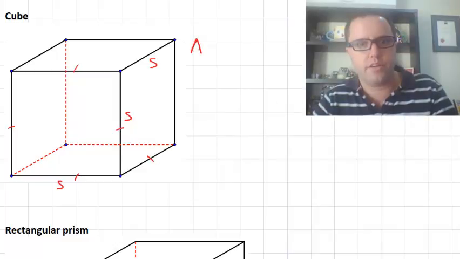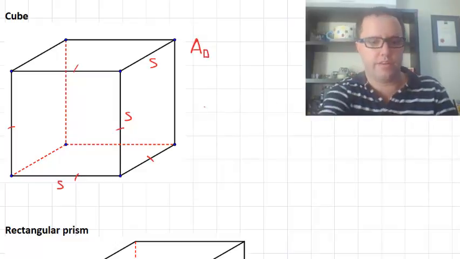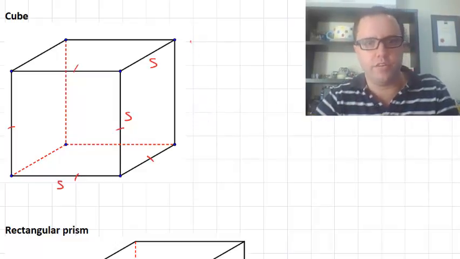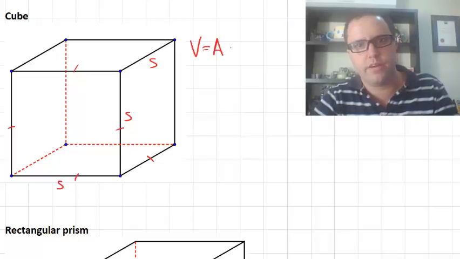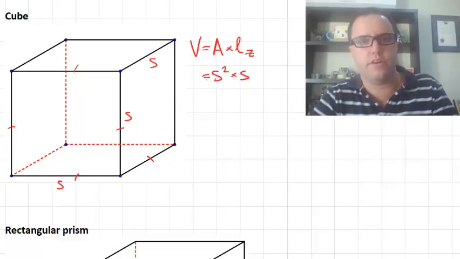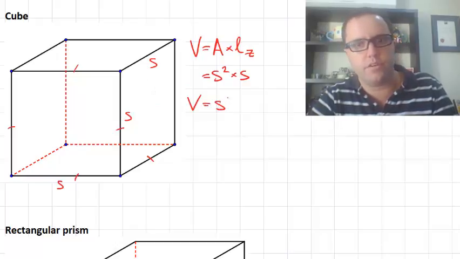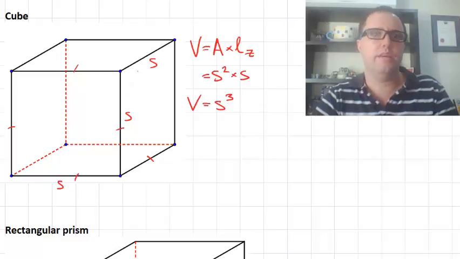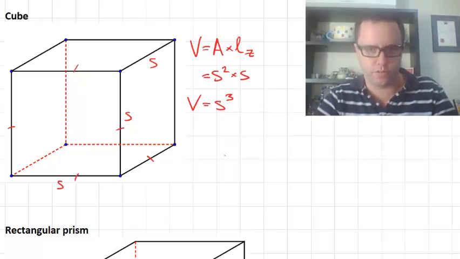So if our volume is equal to some area times a projected length in that z direction, remember area of a square is side squared times the side that is going back, so the volume of our cube is equal to side cubed. The side length of that cube cubed.